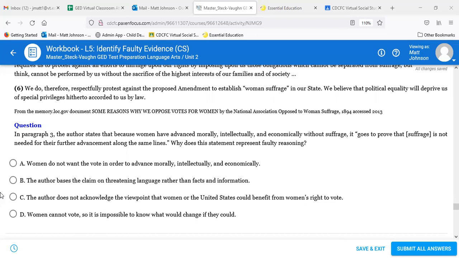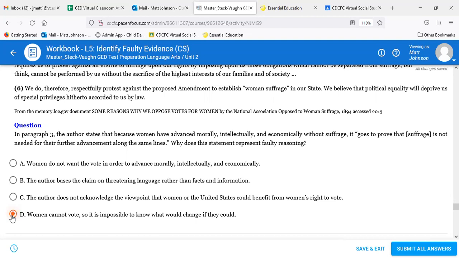D. Yeah, women cannot vote, so it's impossible to know how, right? So they're making the case, it's like, well, women have done pretty good, and they've advanced morally and economically and all this stuff. So why do we need to give them the vote too? But it's like, well, what else might change?